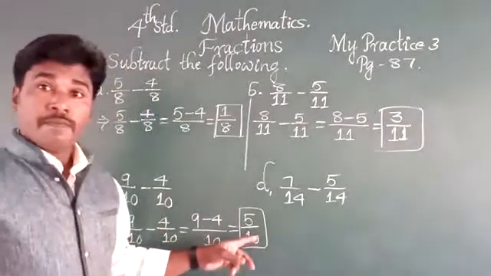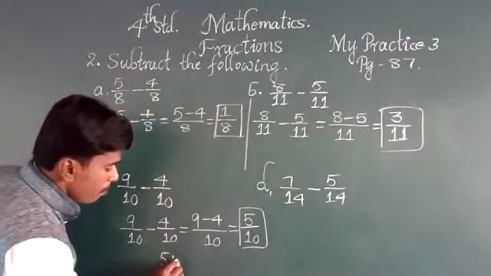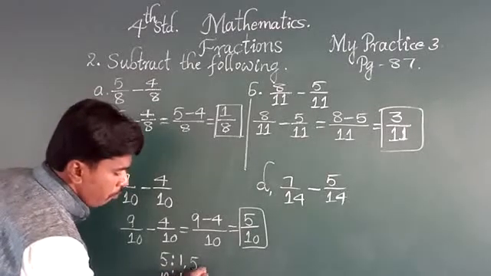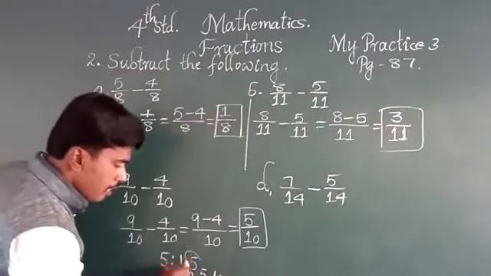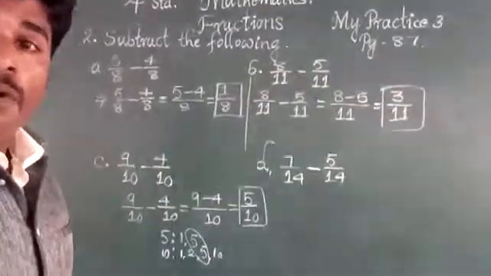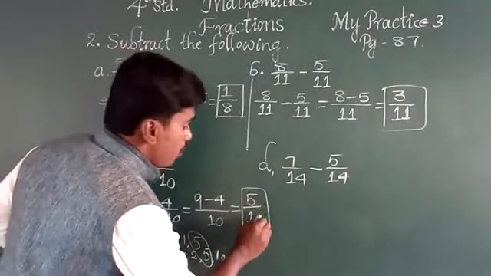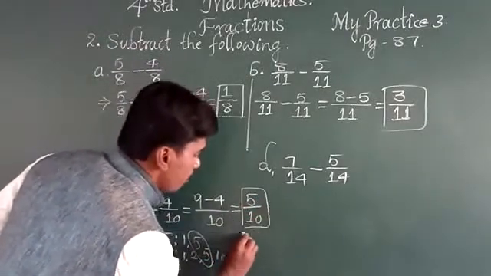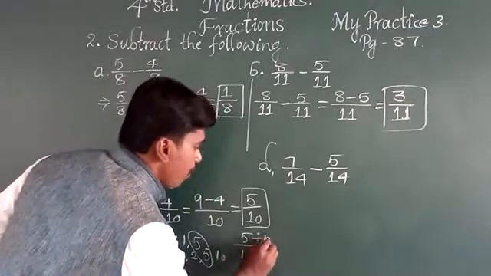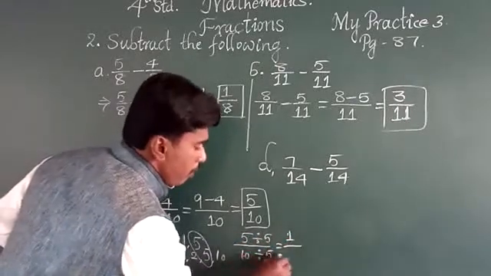Find out the factors for 5 and 10. What are the factors for 5? For 5, it is 1 and 5. For 10, 1, 2, 5 and 10. So which is the highest common factor? It is 5. So you can divide both numerator and denominator by 5. 5 divided by 5 is 1 and 10 divided by 5 is 2.